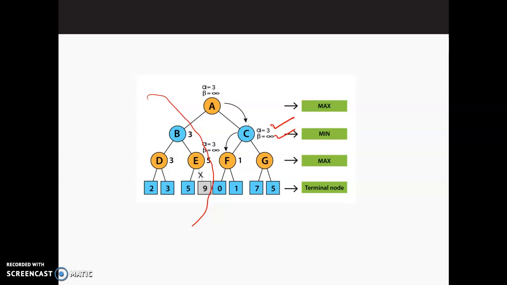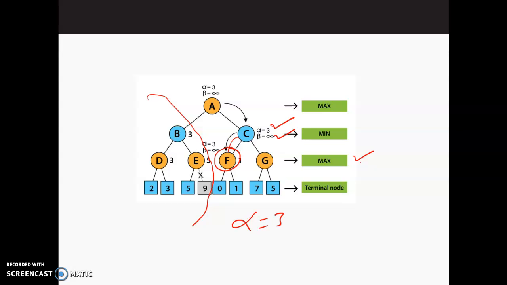Now it has another branch, so we will move to the left side and it will transfer the value to F. And here this is the node for max player, so max player will take the move. Here alpha value is 3 because this value is transferred to the node F.